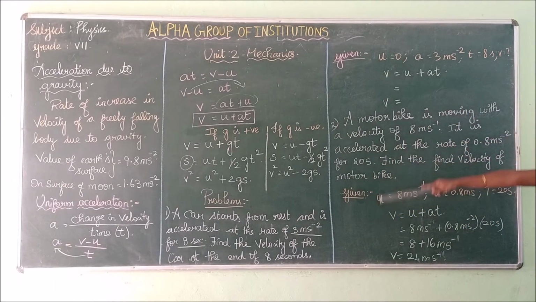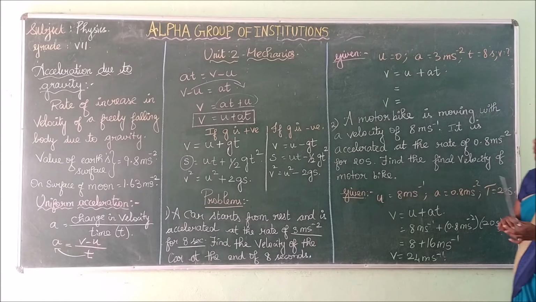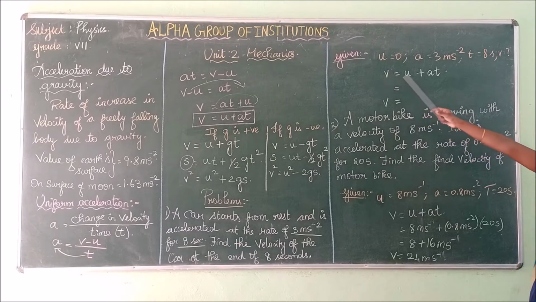Next, acceleration value is given there. Acceleration a is equal to 3 meter second power minus 2 and time t is equal to 8 seconds. They are asking us to calculate the velocity of the car. The formula is v is equal to u plus at.